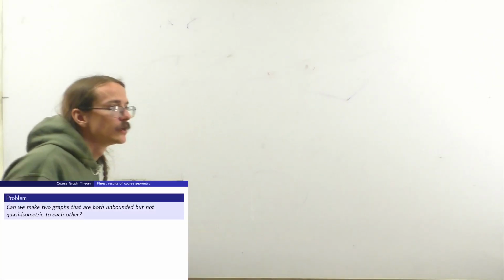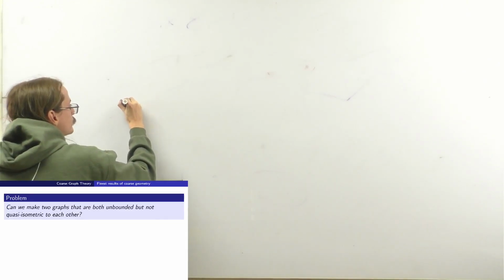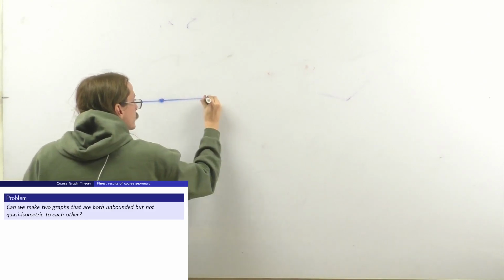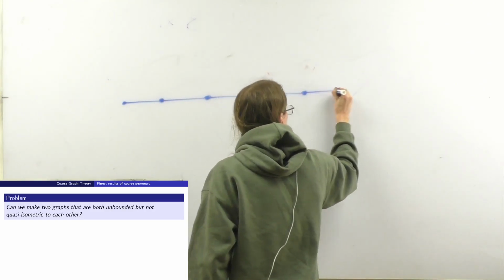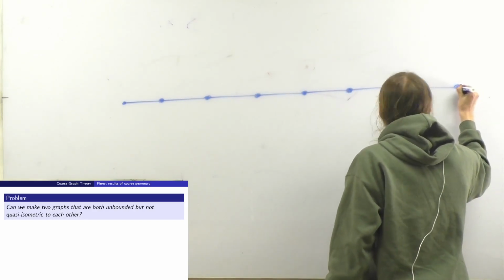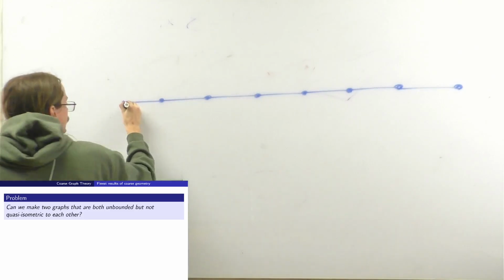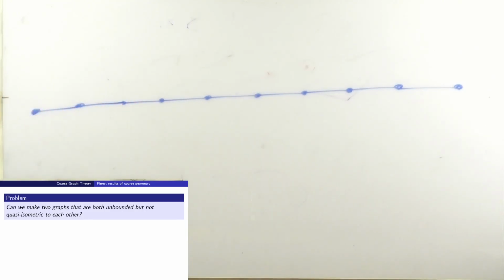Well, they both have to be unbounded, right? So let's make first one a very simple unbounded graph. Let's make it our infinite path. And then I want something that isn't going to be quasi-isometric to this in any way, shape, or form. So it's got to look very different from this.